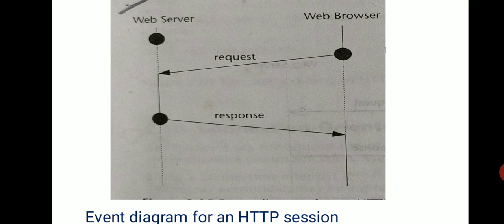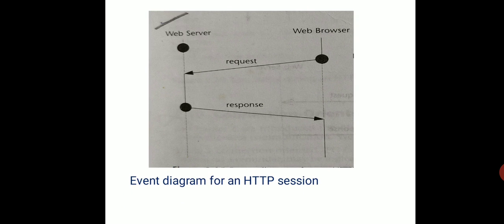And the web server sends response to web browser and it unblocks the process, and web browser will accept the response and it will process the response. That means it will interpret the response and it will display the document. Okay, so this is an event diagram for an HTTP session.